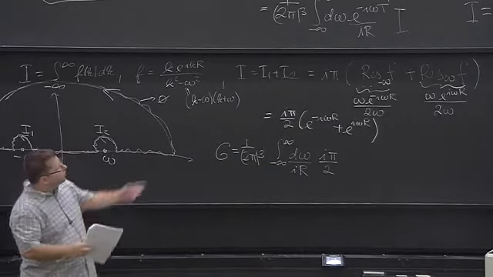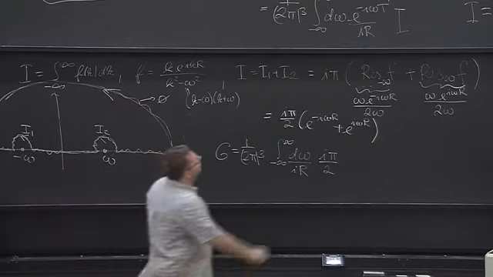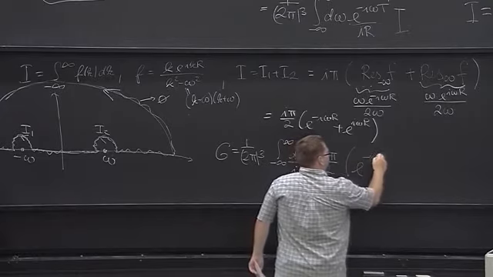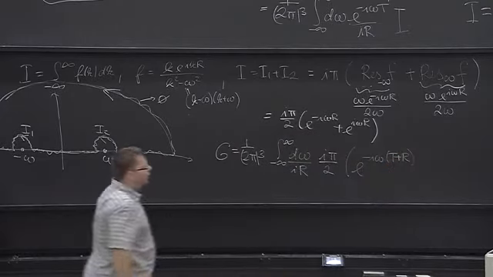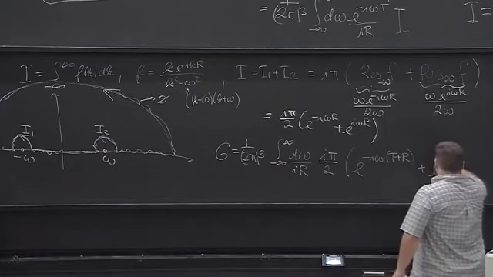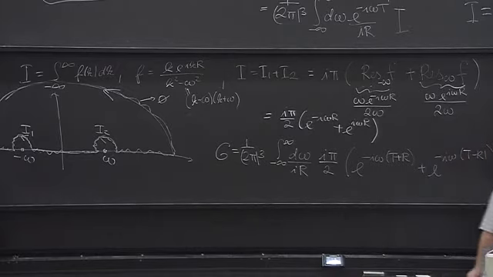And then I can group the terms together. There's always an exponential which is in omega and t. So I will have a term which is e to the minus i omega (t plus r), and then I'll have a term where it's minus r, so e to the minus i omega (t minus r). And so this is what it is. I'm just grouping the terms with this minus i omega t.